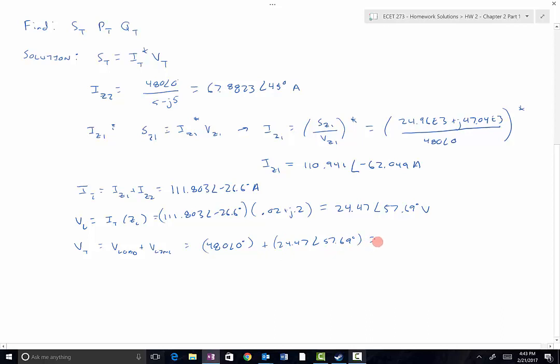And that gives you a total of 492.4 at an angle of 2.2 degrees volts. So that supply voltage is a little bit higher because of the voltage drop associated with the supply and the return feeders, which are calculated as V line together.